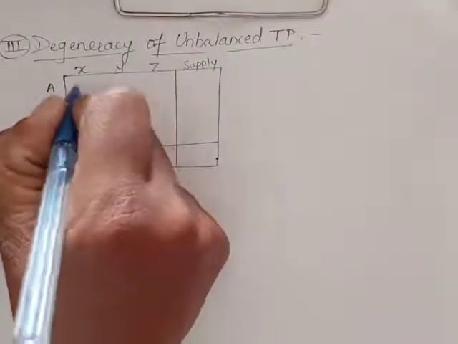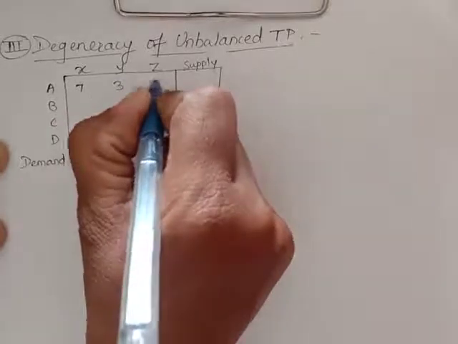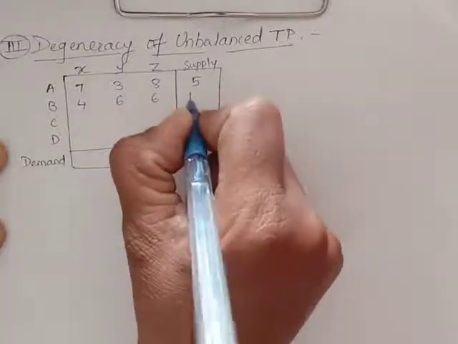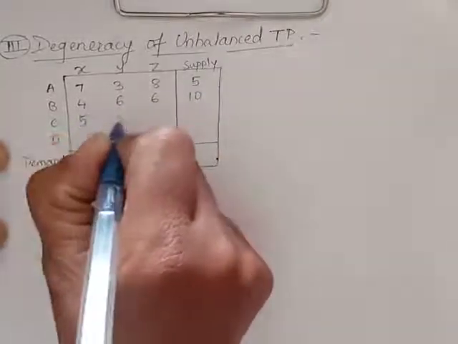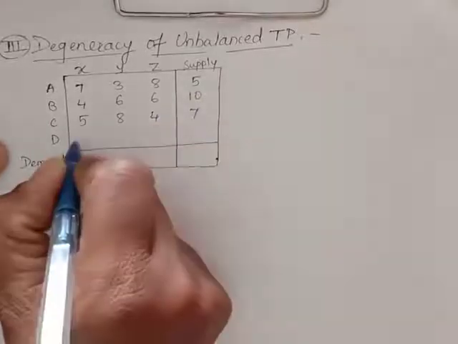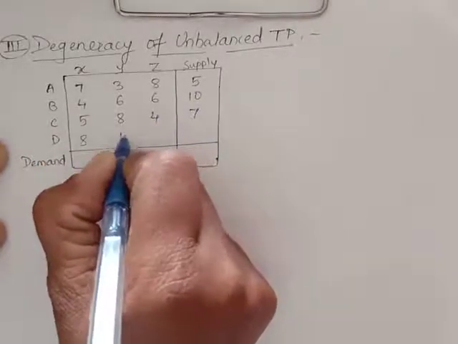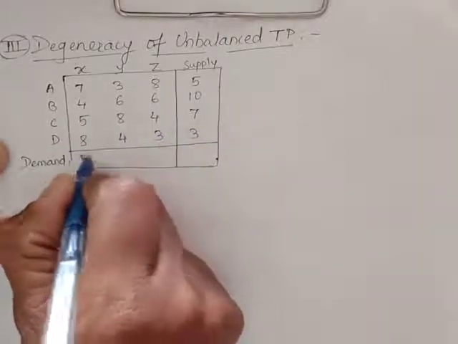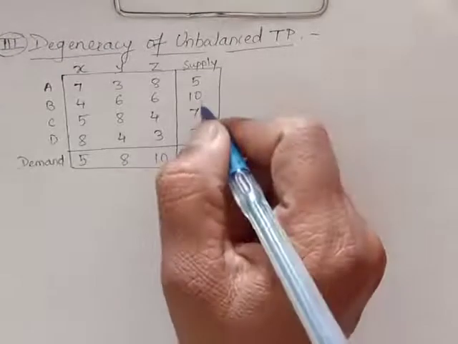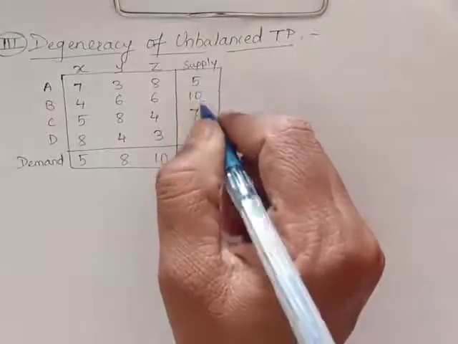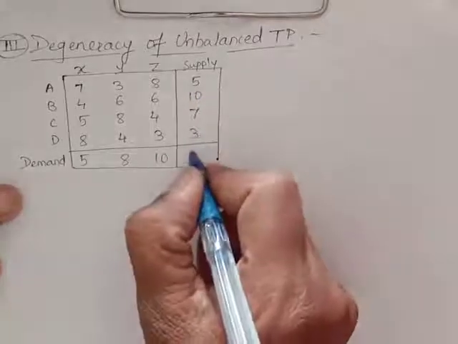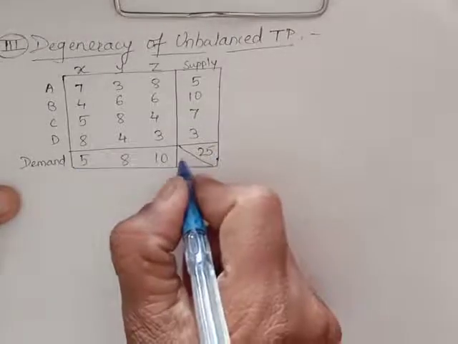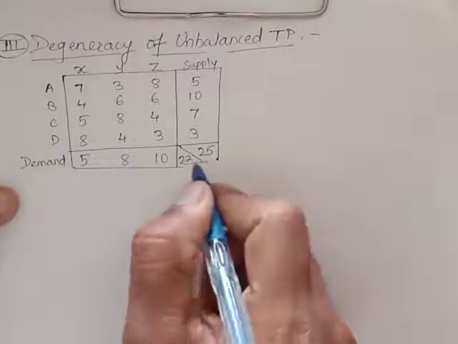Okay, here 7, 3, 8, 5, 4, 6, 6, 10, 5, 8, 4, 7, 8, 4, 3 and 3. Here 5, 8, 10. Now look at here, what is this sum? 15 and this is 10, again 25. So here 25. Here 15 and 8, so how much is this? 23.